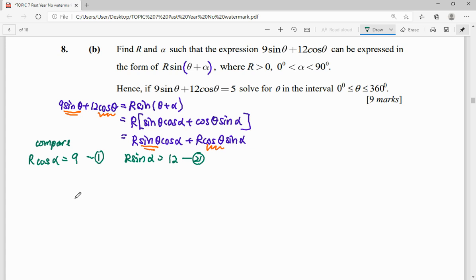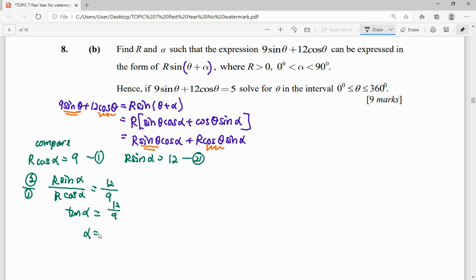So we have to solve these two simultaneous equations to find out what is our R and alpha. So the way we solve it, we will take equation 2 divided by equation 1 so that our unknown R will be eliminated. And we managed to get to the terms of tangent alpha equals 12 over 9.